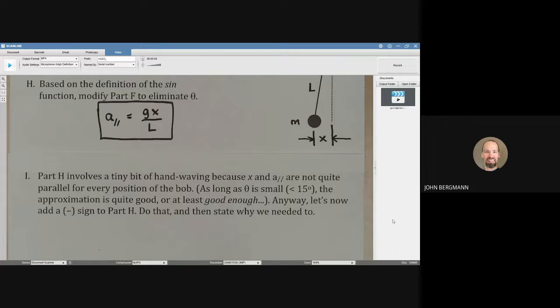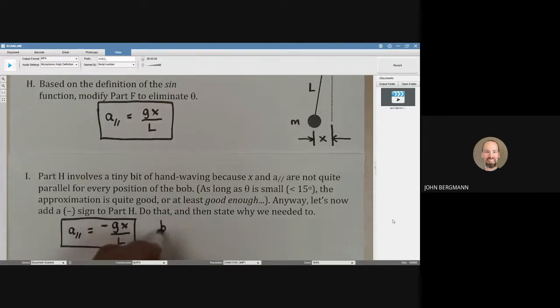Anyway, we need to add a negative sign to part H. It says we're supposed to do that, so let's do that. Add a negative sign. Either side of the equation, it doesn't matter. And then say why we need to do that. Well, we need to do that because x and a parallel have opposite directions.